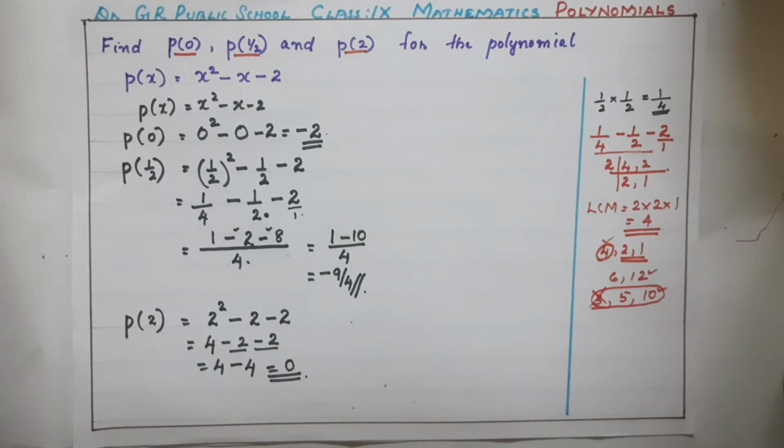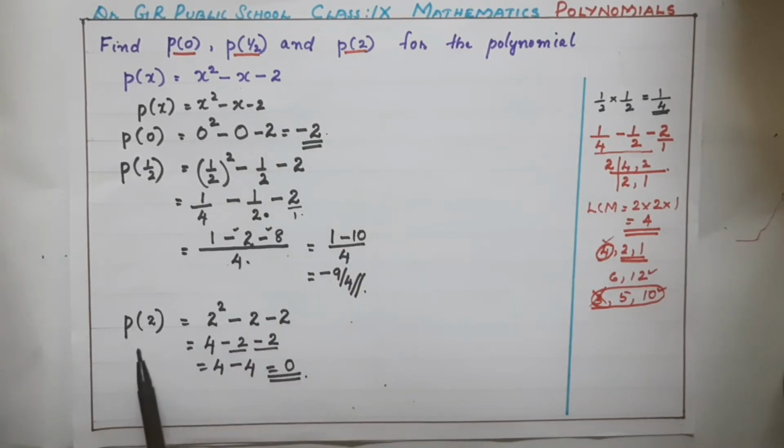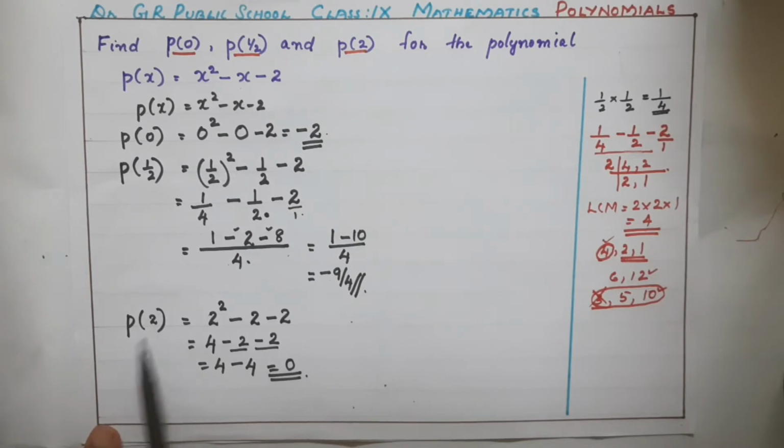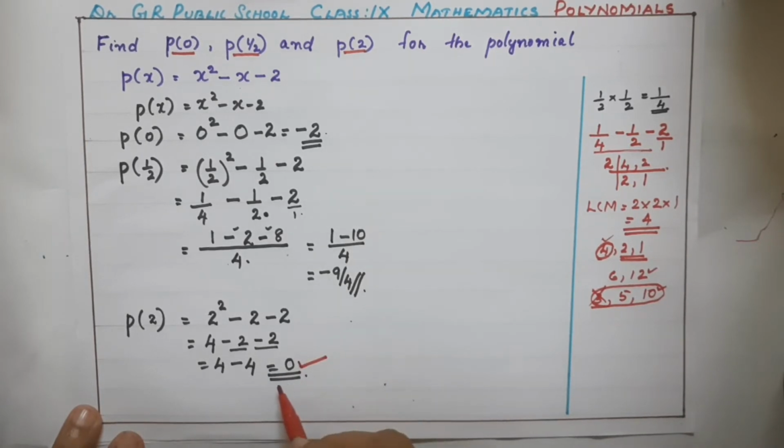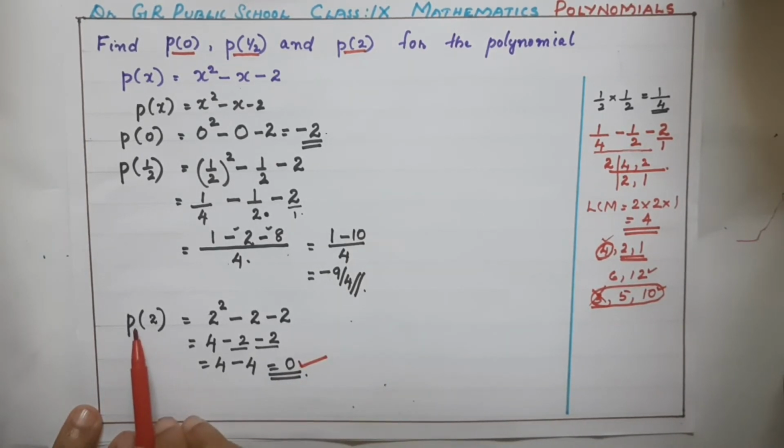Okay children, now you are going to study a new concept from these examples. Okay, so here in this example, when we put x equal to 2, we got the polynomial value as 0.